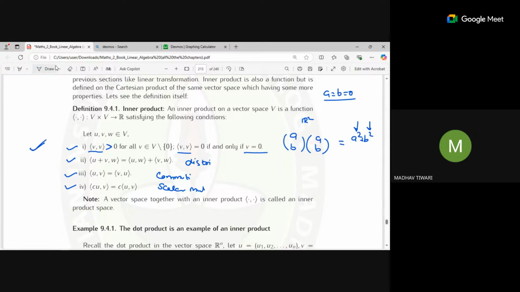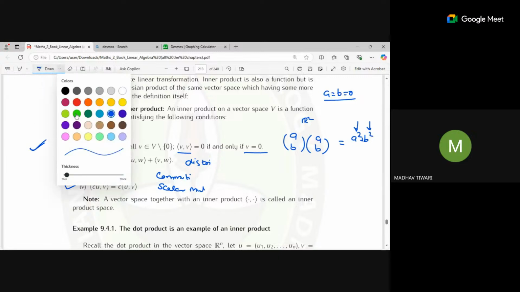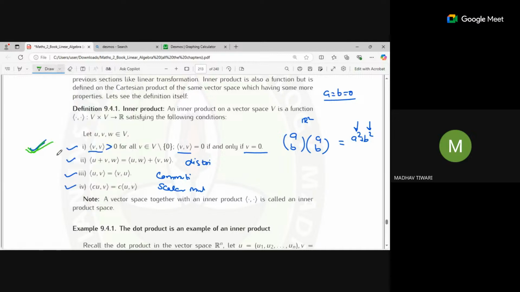Okay, let me use the E part. Yeah, this one. Okay, this property is satisfied. Next is this one, distributivity. So if I have three vectors, (A, B), (C, D), and (E, F). If I write (A, B) plus (C, D) and I do the dot product of this sum with (E, F), this should be equal to this.